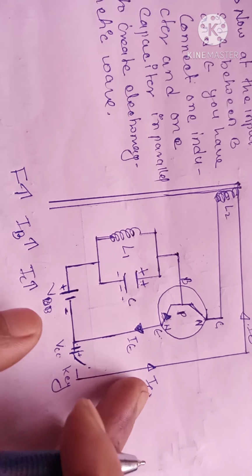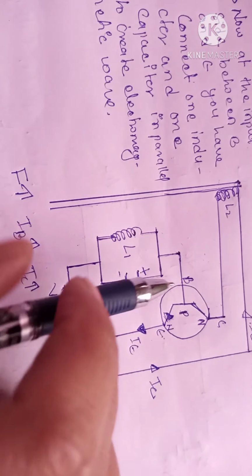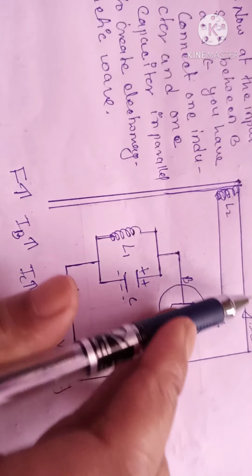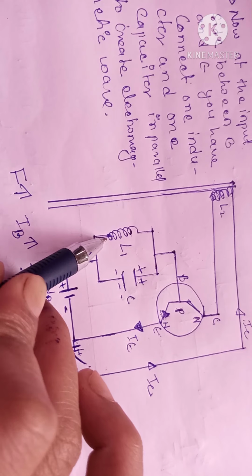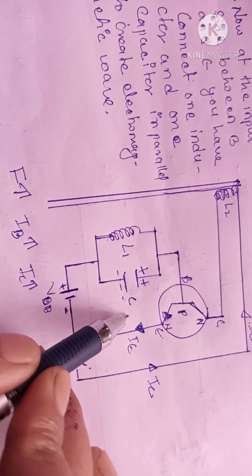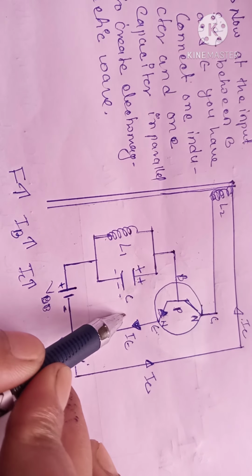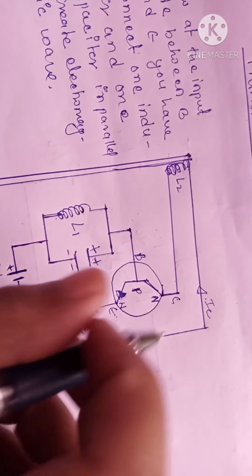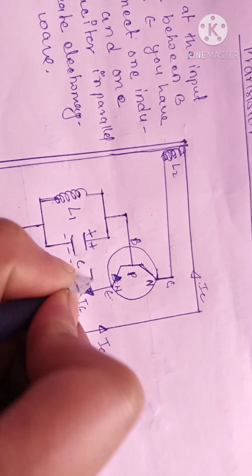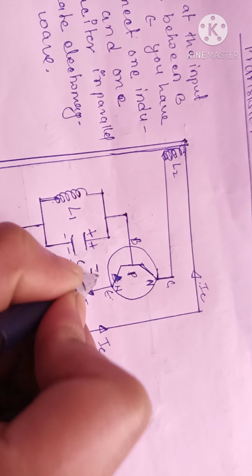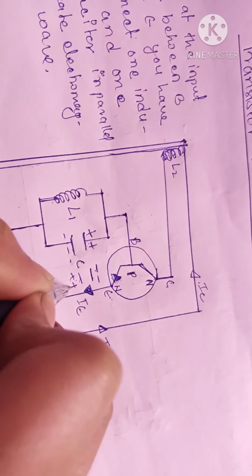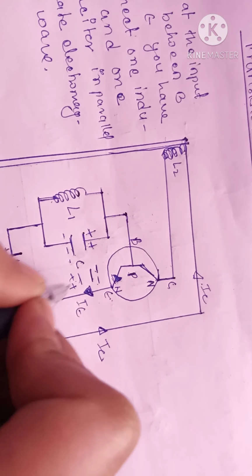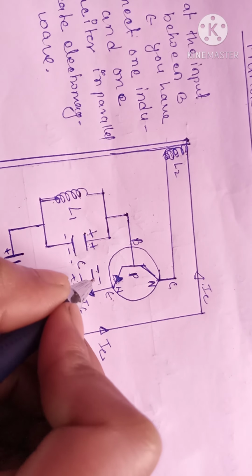Now, when the capacitor gets fully charged, the IC current cannot create EMF, and the capacitor discharges itself. When it discharges, the upper plate will be minus and the lower plate will be plus.